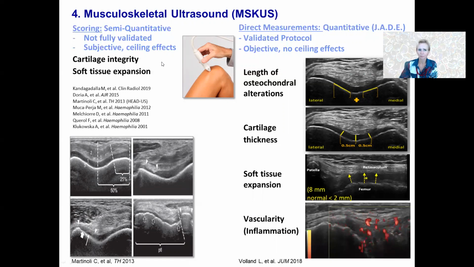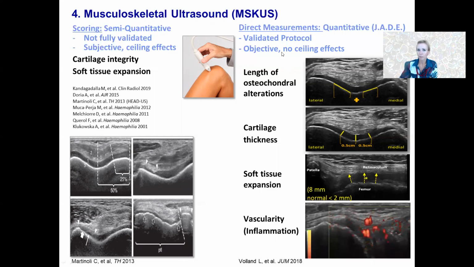So these scoring mechanisms allow to assess cartilage integrity and also soft tissue expansion, as shown in this example here, looking into the suprapatellar space. And you can see here that scoring goes in terms of extent of abnormalities, the space of abnormalities, and the type of abnormalities. And at the end, there is a score devised.